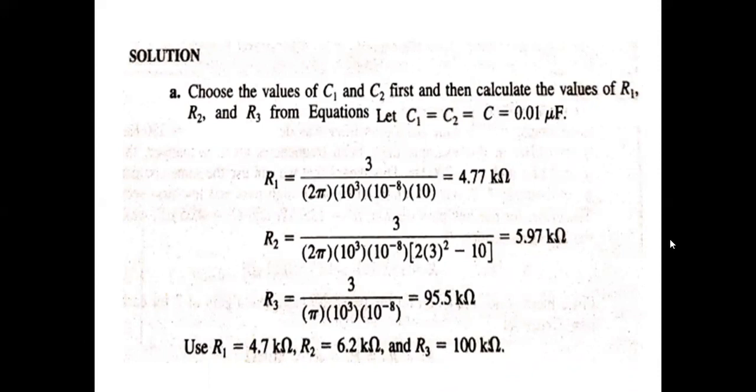The value of R2 will become 5.97, R3 is equal to 95.5 kilo ohm.